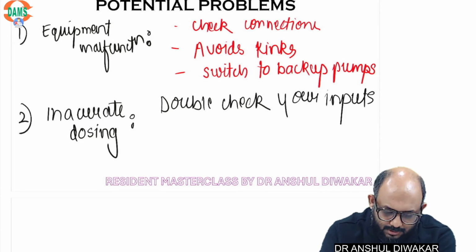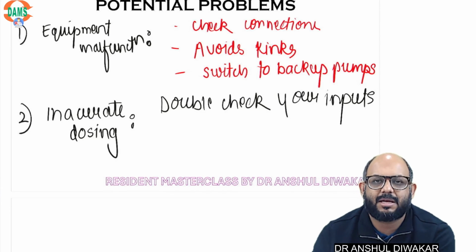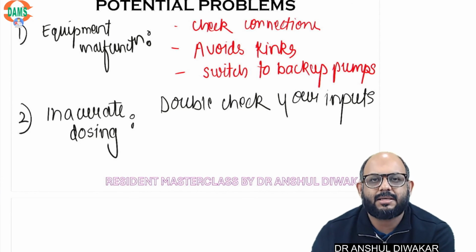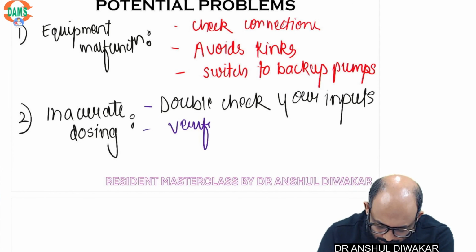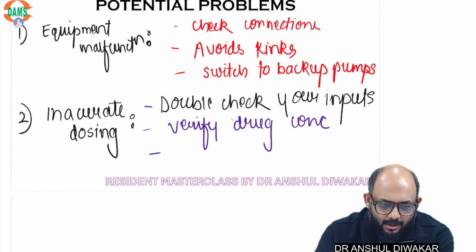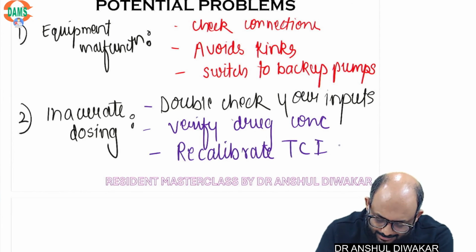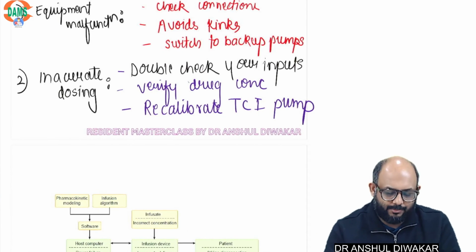Before putting any dose concentration, always double check it, whether it is 1% propofol, 2% propofol, whether your target plasma concentration is 8 microgram per ml or it is 10 microgram per ml or it is 4 microgram per ml, whether you are using single drug TCI or 2 drug TCI, and verify drug concentration. And recalibrate TCI pump. They need to be calibrated from time to time. So if you feel that there is some problem in the administration, you recalibrate it.